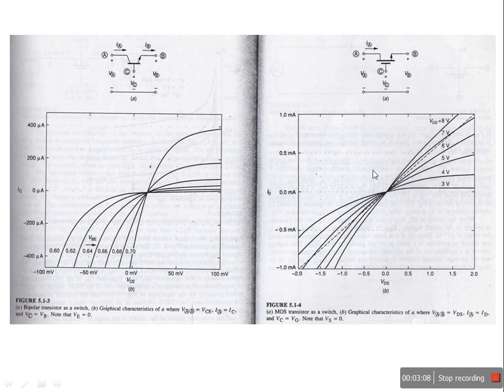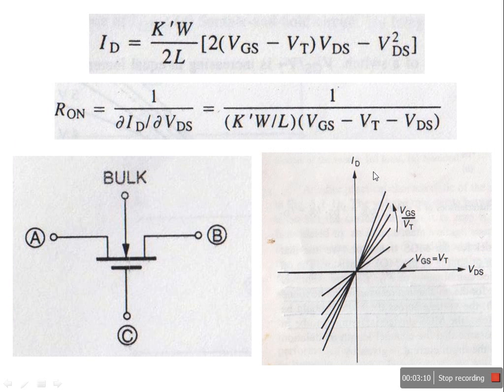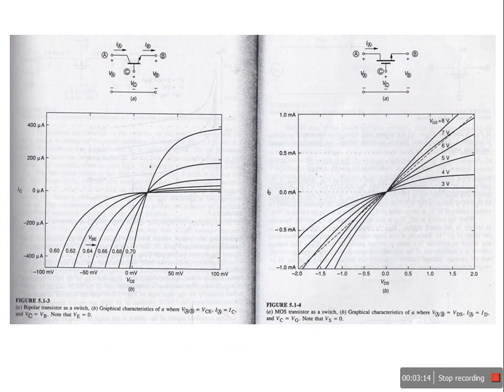So next, now we will study this MOSFET as switch in detail. First of all, we should know that in which region the MOSFET is being operated while it is working as a switch.